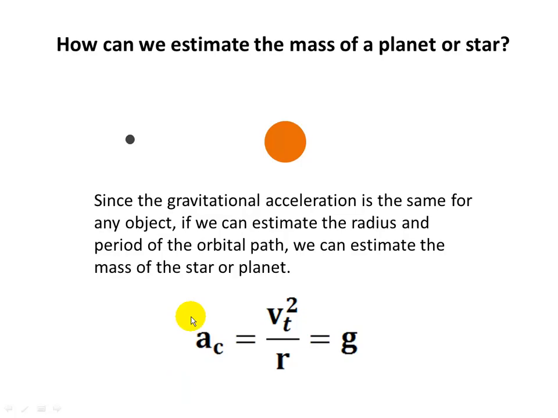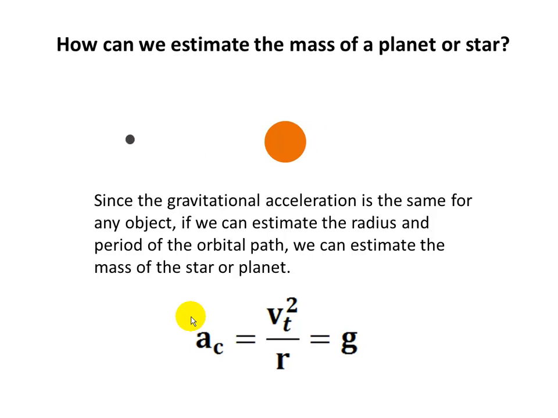Okay, someone has asked, and it's a good question, how can we estimate the mass of a planet or a star? By the way, I'll just point out that this planetary motion we have animated here is supposed to be matching some of Kepler's laws: elliptical, moving faster as it gets closer to the star.